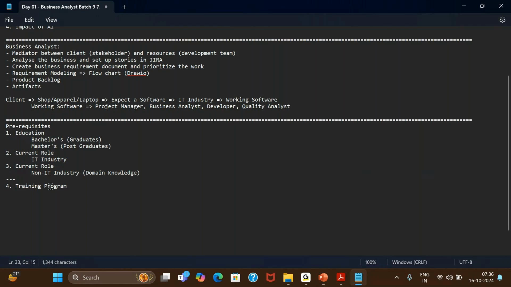A BA would try to infuse all these technical terms in their answers so as to make the other person believe that, hey, I am working as a business analyst. Whereas a developer will just try to explain what they think of a BA, not what a BA does. So irrespective of your prerequisites, the training program will help you get acquainted with those technical terms.